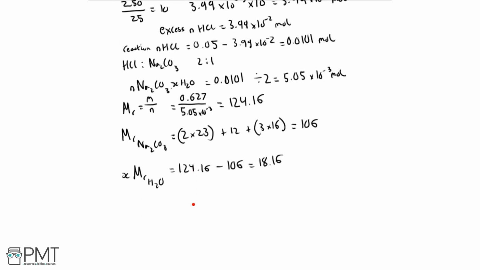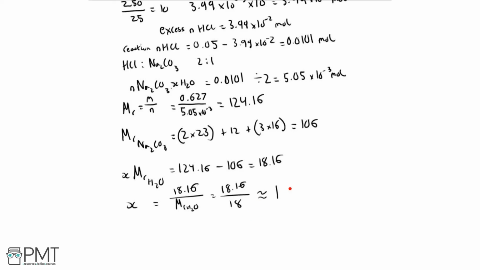Then we can find the value of x by doing 18.16 over the MR for water, which is 18. So 18.16 over 18 gets us a value for x of 1. So that is the final value of x, which would be 1 mark for us in this.